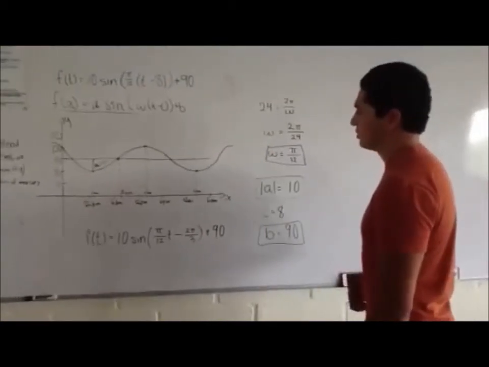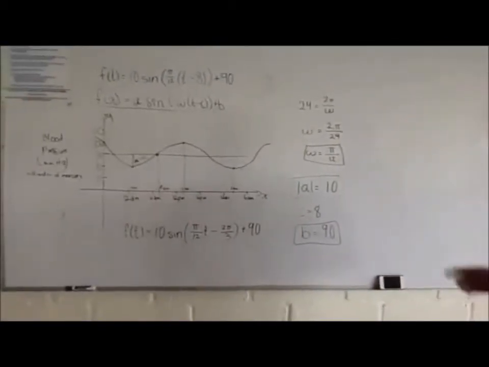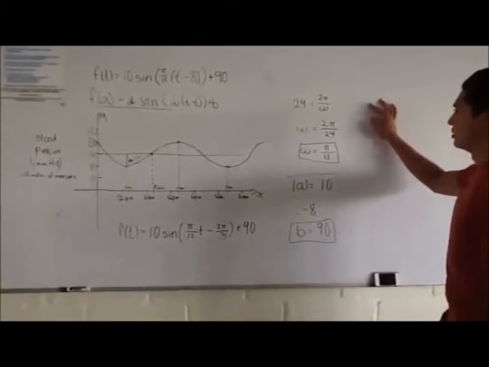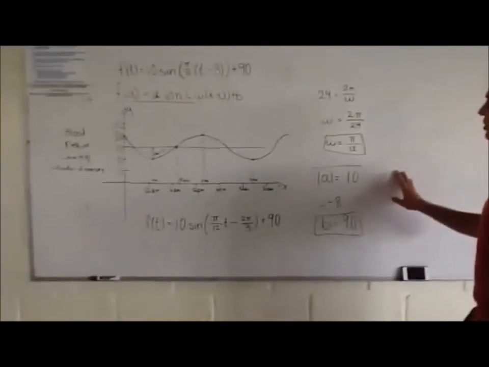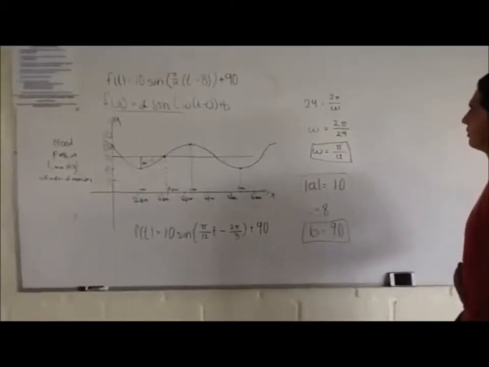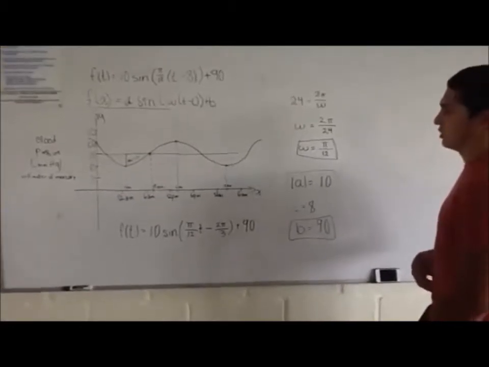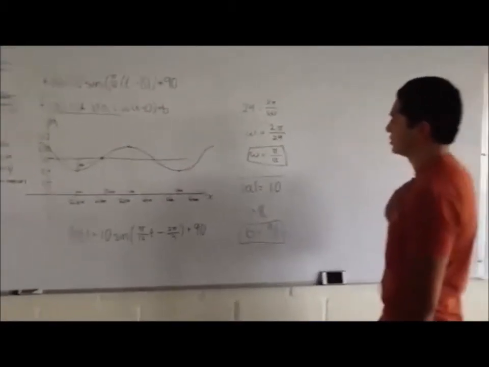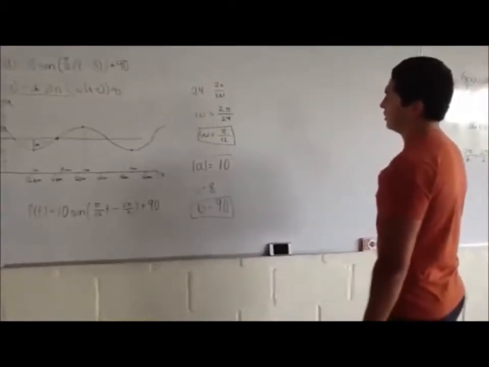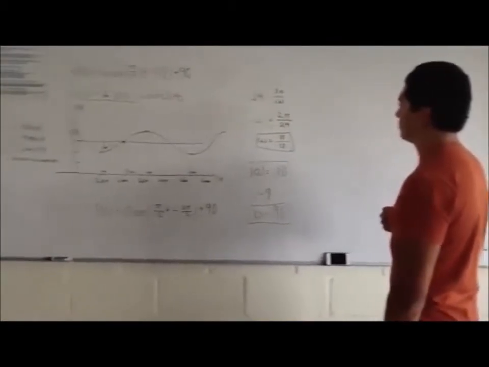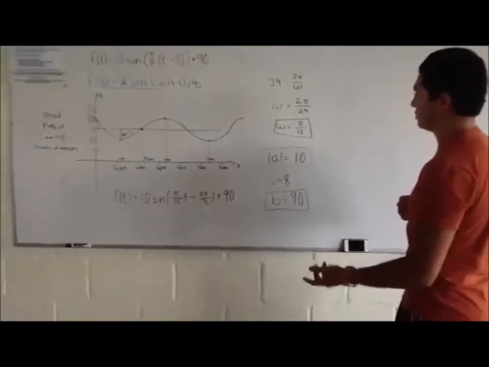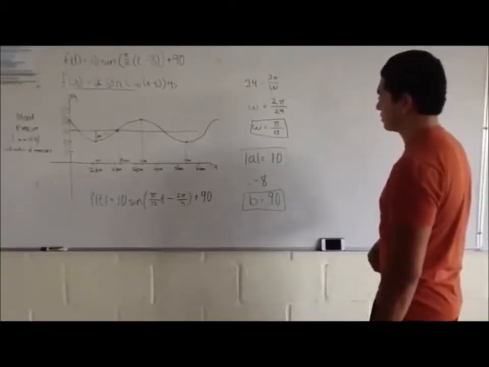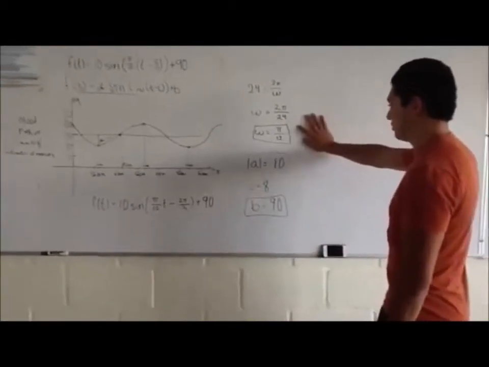For the horizontal stretching, I see you used the period formula. As the period is 24 hours, and we have that it's 2 pi over omega, where omega is the horizontal stretching, clearing omega will make us able to get the horizontal stretch, which will be pi over 12.